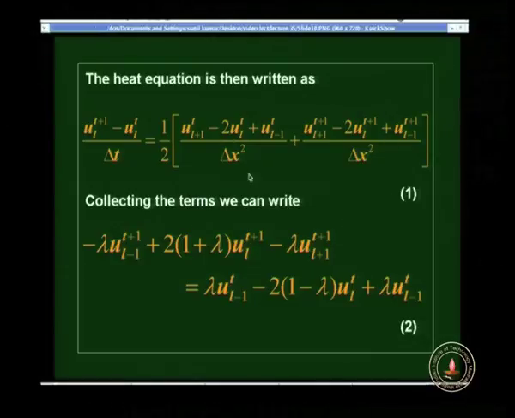And then we collect all the terms and write the equation for the interior points as this one: minus lambda u L minus 1 at t plus 1, 2 times 1 plus lambda u L at t plus 1, minus lambda u L plus 1 at t plus 1, and the right hand side is now a function of the temperature at L minus 1, L and L plus 1. So that's the difference.